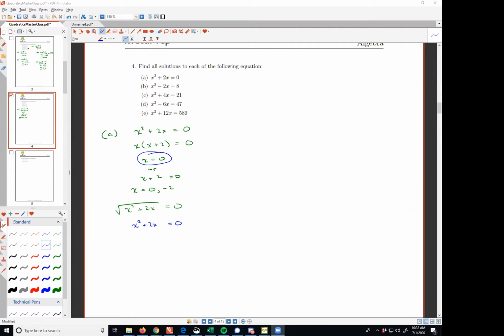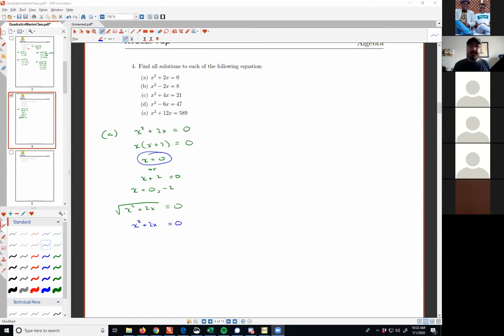So what I'm going to say is I'm devoted to the idea that I want to be able to take a square root. And here's what I'm going to do. I'm going to add 1 to both sides. Now what?